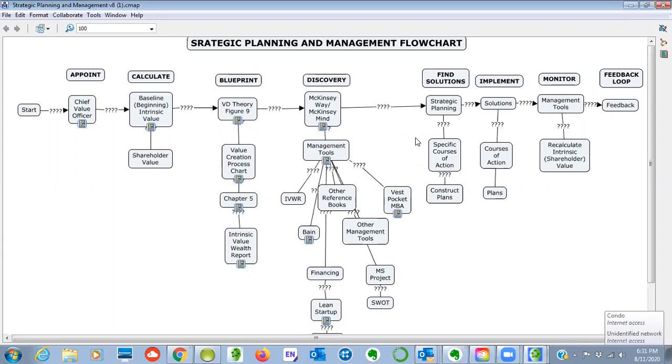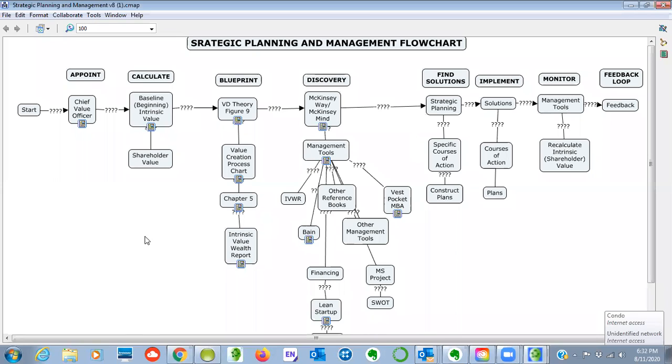And so again, I'm really trying to give you a flow chart, if you will, that when you're done with the course, whether you're consulting, which some of you may do, or working for a company, or starting your own company, it doesn't matter. The process is basically the same when it comes to strategic planning and strategic management. So let's see how that looks.